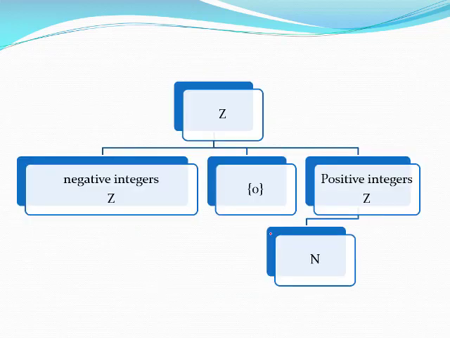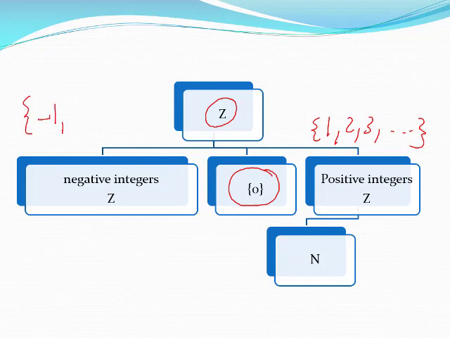Okay, let's study the set of integers. The set of integers Z consists of 3 main parts. The first part is 0 in the middle, and the set of positive integers are 1, 2, 3, and so on. Negative integers are negative 1, negative 2, and negative 3, and so on.